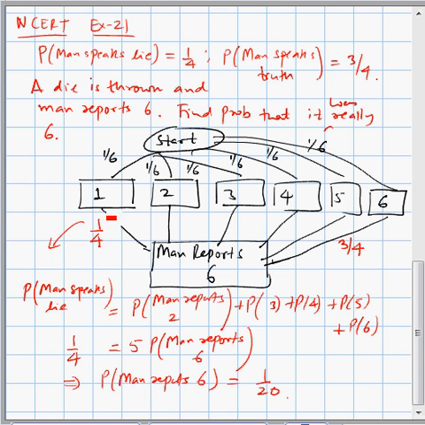And when we say he reports 6, it means he's speaking a particular lie. And probability of a particular lie is probability of speaking lie divided by 5, because there are 5 ways in which he can speak lie, and that is what I have shown here. So we should take it as 1 by 20, or 1 by 5 into 1 by 4. Right, this is again the same, 1 by 5 into 1 by 4.